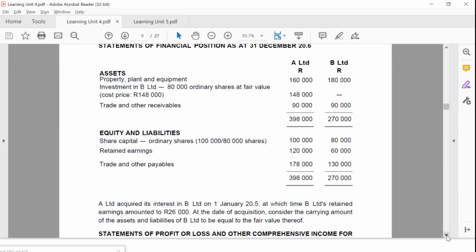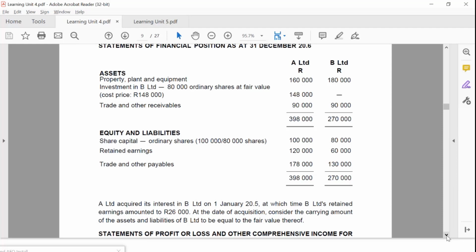Sometimes UNISA can trick you. They can give you so many dates and tell you to prepare the pro forma journal entries. If you don't know that you must only account for or reverse the net asset value on the date of acquisition, you will get it wrong. So the share capital and the retained earnings have to be the acquisition date amount, not any other amount.